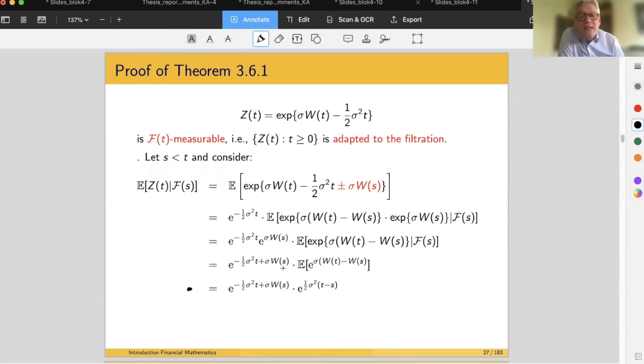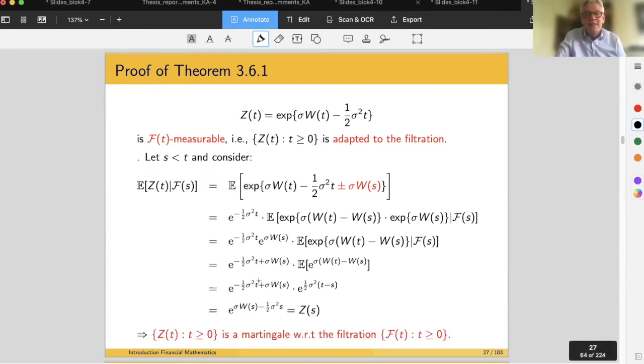And here we see that some part cancels out. You see e to the power minus 1/2 sigma squared times t, and here we have e to the power plus 1/2 sigma squared times t. So they will cancel each other out. And what remains is indeed e to the power sigma Ws minus 1/2 sigma squared times s.